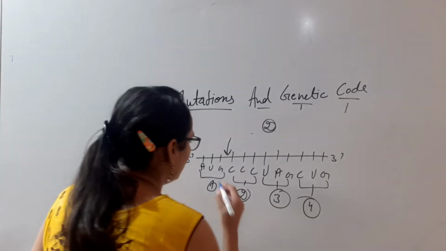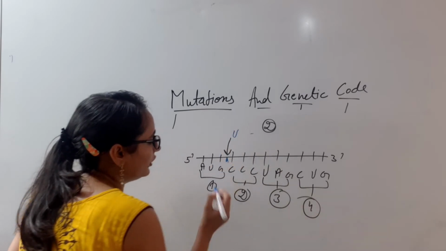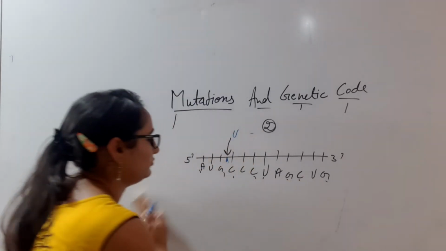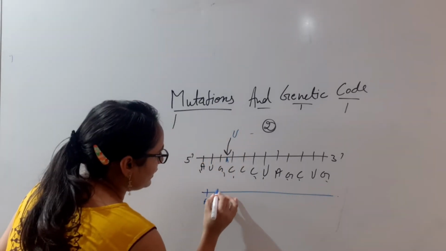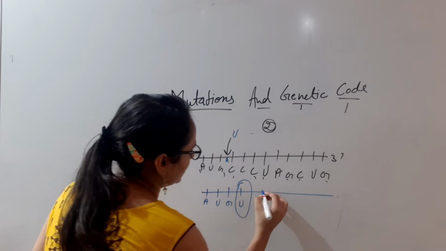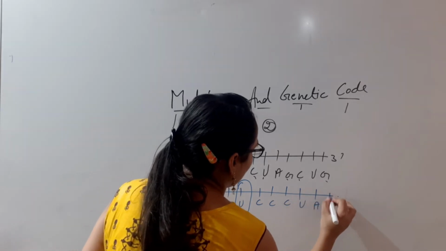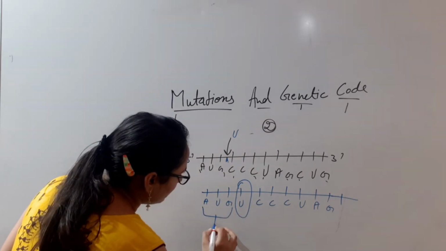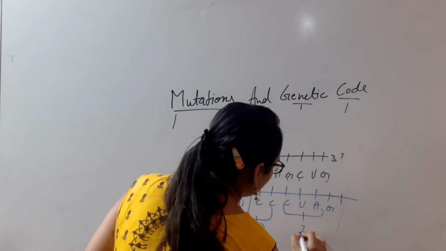We will see here. See, one nucleotide, that is U, will get inserted at this point. So the new sequence will be A U G, then the inserted U, then C C C U A G and so on. So this is the first codon, this is the second codon, and this is the third codon.